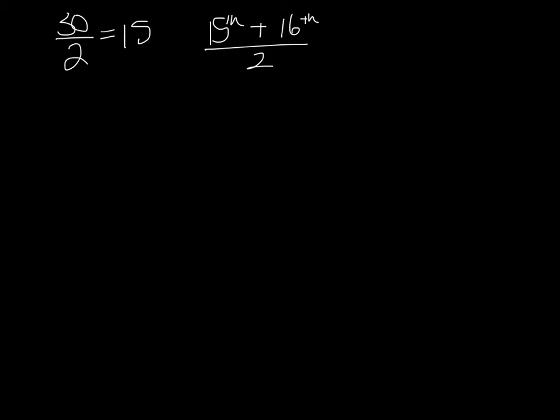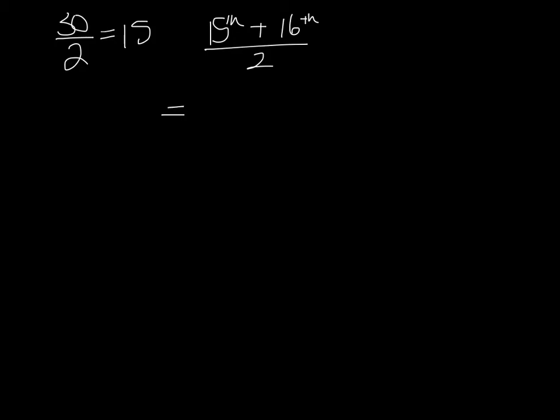We've got 30 pieces, so let's do 30 divided by 2, that's 15. Now, of course, we know we don't really want the 15th. If you had 30 pieces of data and you crossed off a bit from each end, you'd end up with 2 in the middle. So we need to do the 15th piece, add the 16th piece, and divide by 2.